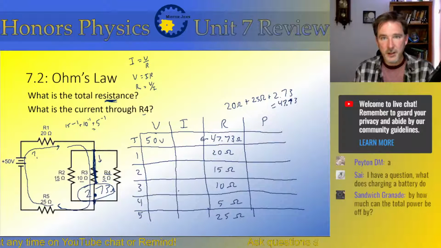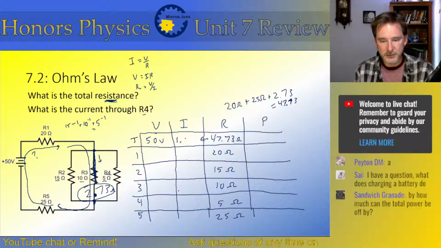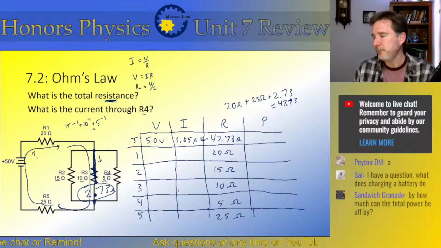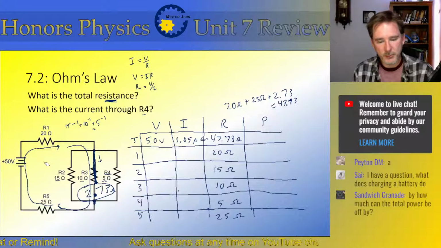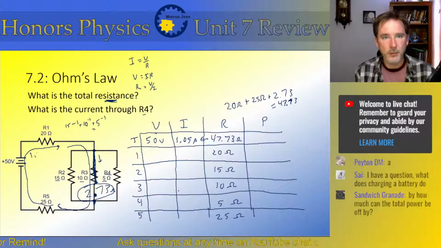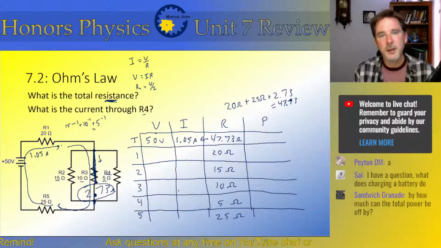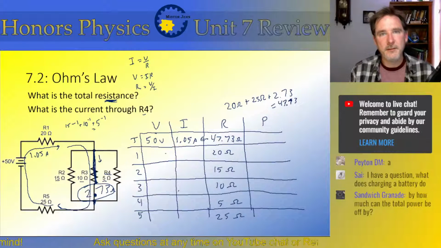So I'm going to take 50 divided by 47.73, and I get 1.05 amps, which makes sense because it's kind of close to 50. So this question mark becomes 1.05 amps. That is the current running around that circuit.